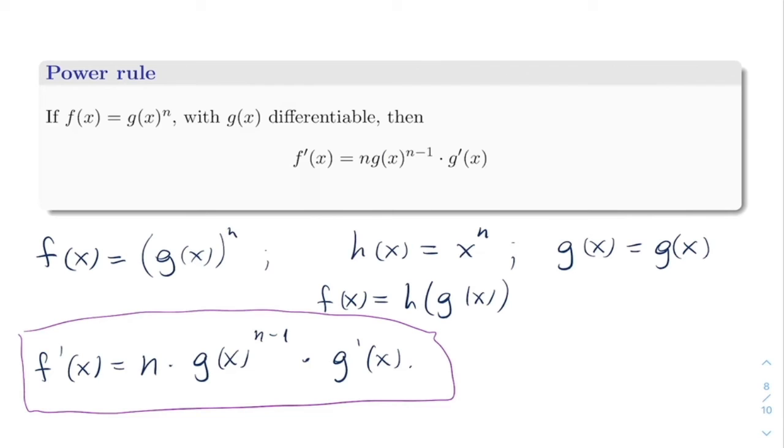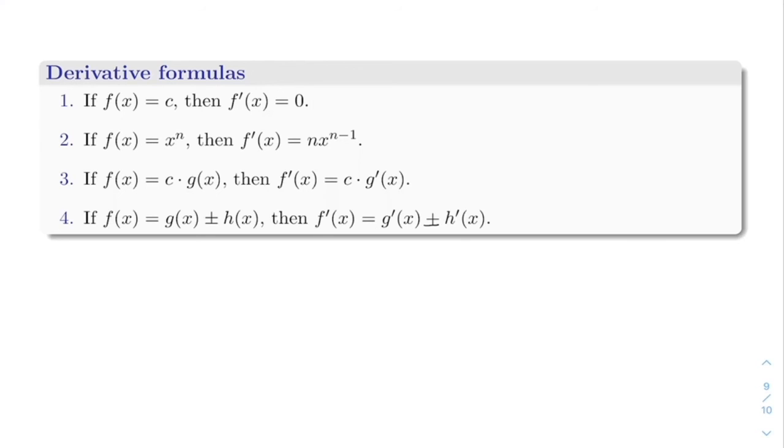But there's no need to memorize this one if you don't want. As long as you remember the chain rule, you can obtain this formula. So, as a summary of the previous videos, we now have several formulas that allow us to compute derivatives. The first four that I'm mentioning here are somehow more direct or easy to remember.